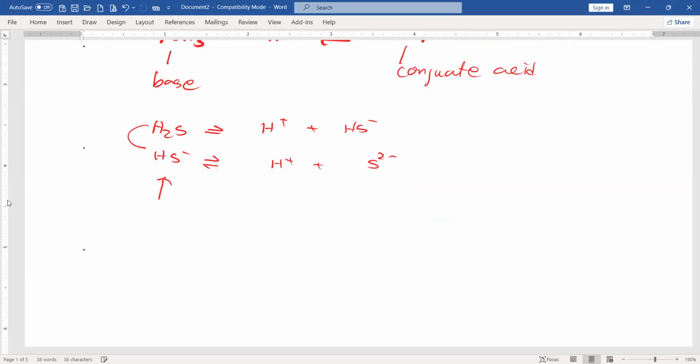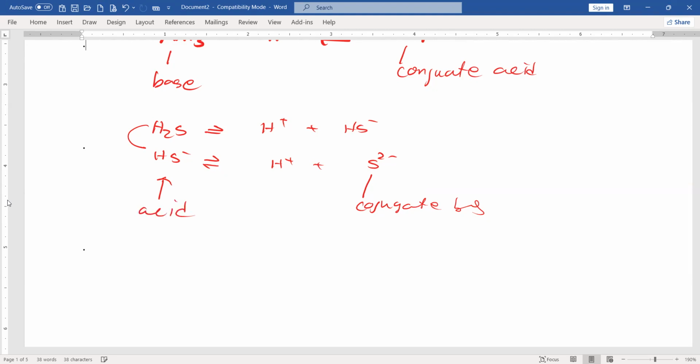H2S may be our acid, then these two will be the conjugate bases. Why? This HS minus has one hydrogen less than H2S. S2 minus has only one hydrogen less than HS minus. So this is acid.